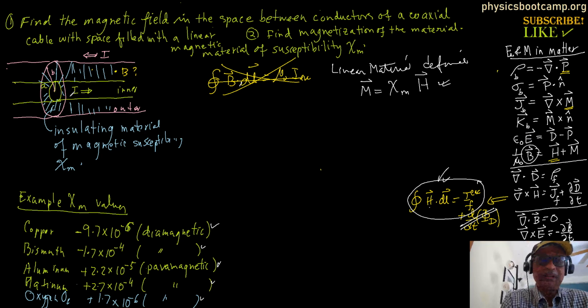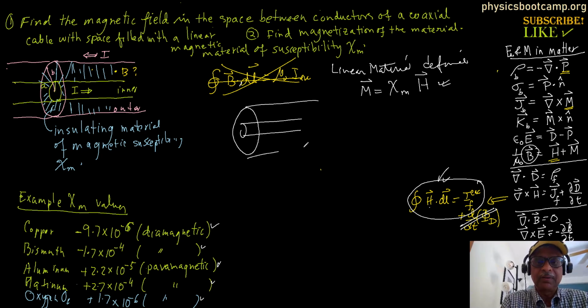We look at free currents. We have an inner conductor and an outer conductor, and we completely ignore all the materials. For getting H, we can ignore the material, even if the material is magnetized.